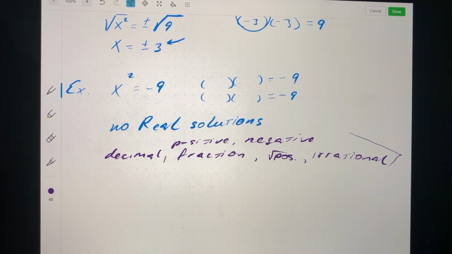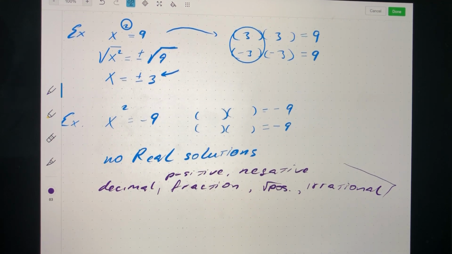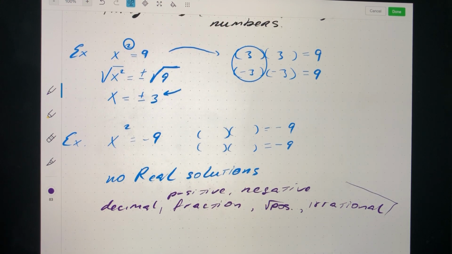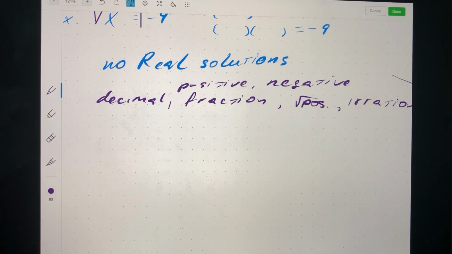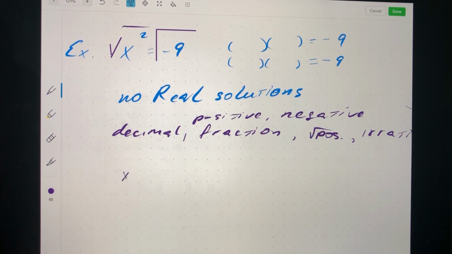Well, if we look at the process that we have done in solving the equation before, we can try it on this expression as well. We can take the square root of both sides. But then what does it do? Well, on one hand, the square and square root cancel out, so we get x.